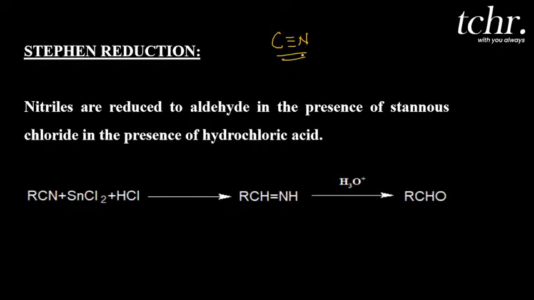Here nitriles are reduced in the presence of stannous chloride, that is SnCl2, in an acid medium. And we convert nitriles to what? Aldehyde. Now let us discuss. Here the reaction is given.